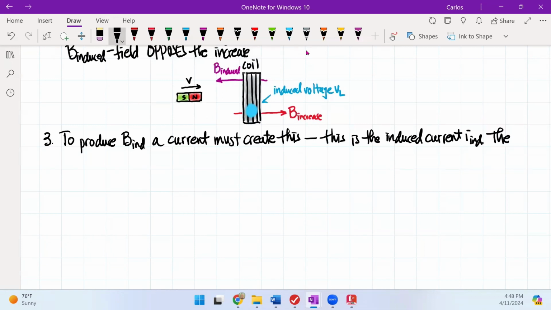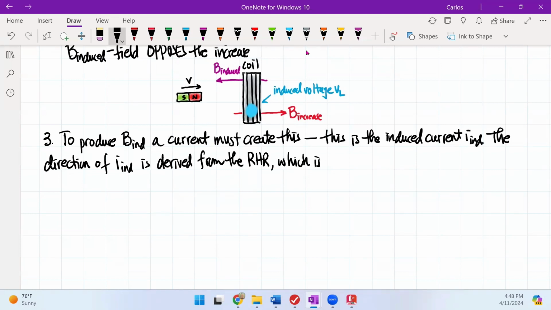The direction of I induced is derived from the right-hand rule, which is caused by voltage VL.